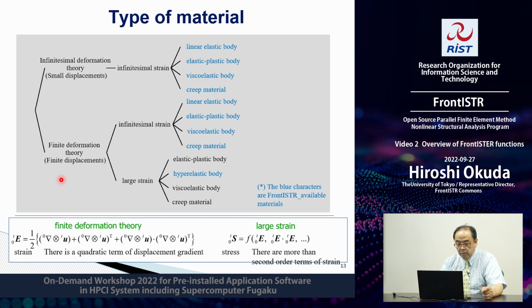By combining these considerations, we can consider various materials like here. Starting from linear elastic, or elastic plastic, viscoelastic, and creep. And functions colored in blue are now supported by FrontISTR.